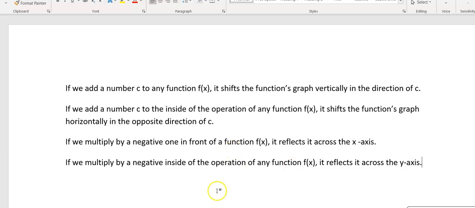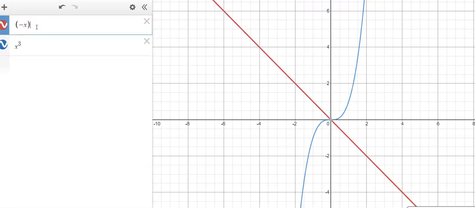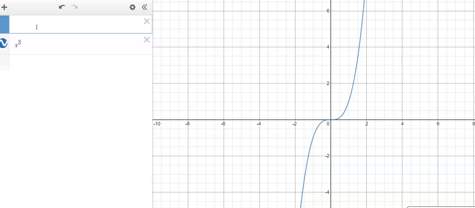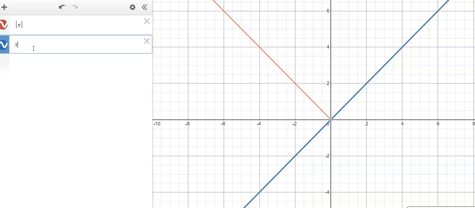Now, you can see why I didn't give you the absolute value, because if we do the absolute value, let's notice just the absolute value function, I'll put it first. And then if I do the negative inside of the absolute value, notice it looks exactly the same. Okay, and the reason for that is because, of course, if we reflect this across the y-axis, it lands upon itself, and so we get the same function again.